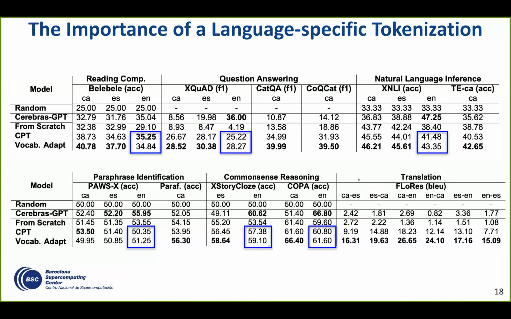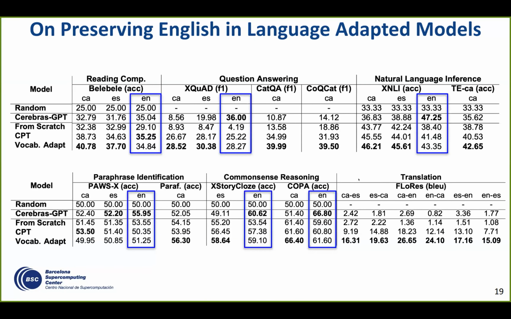Yeah, and finally, as we already mentioned, we noticed that the 2 language adapted models are behind the original source model on most, or in all, of the English tasks, which is quite reasonable given the Catalan and Spanish specific training.